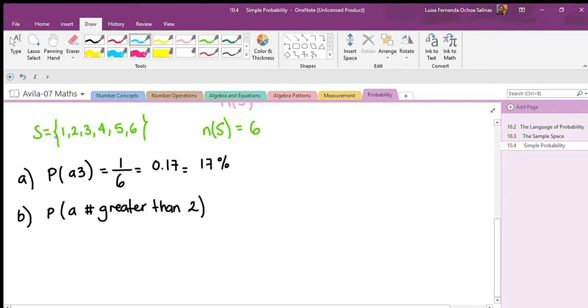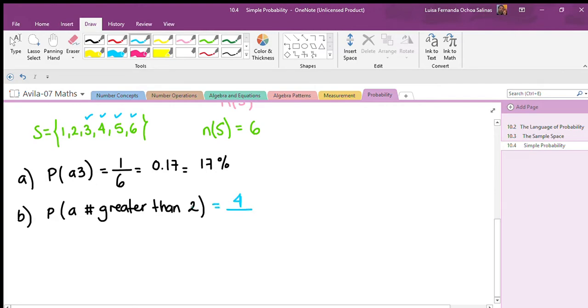We look at my sample space. How many numbers do I have here that are greater than 2? Do I count 2? No, because it's saying greater than 2. It's not saying greater or equal to 2. So I can only count 3, 4, 5, and 6. How many do I have? 4.